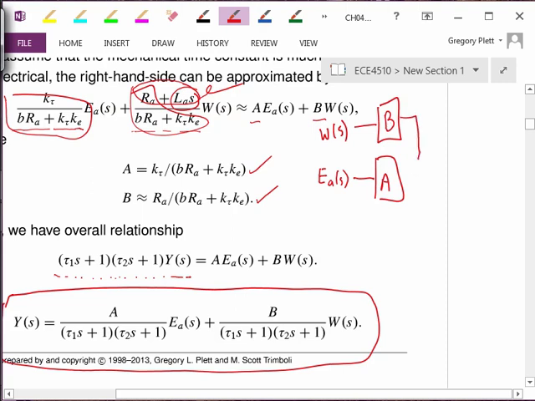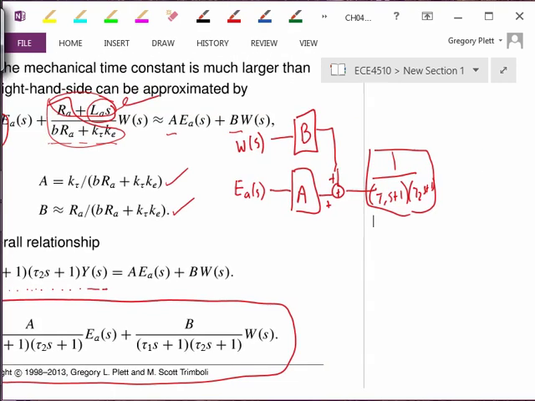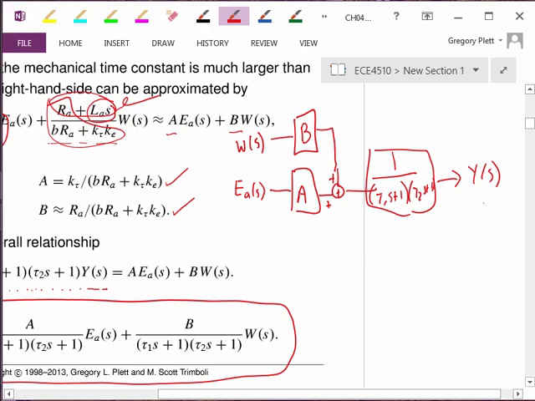That's going through B. Both of these are coming together, and both of them are going through 1 over the tau 1s plus 1, tau 2s plus 1 block, like that, and then producing y of s. There's different ways of writing it. We'll see another one soon, but that is generally what's happening in the system.